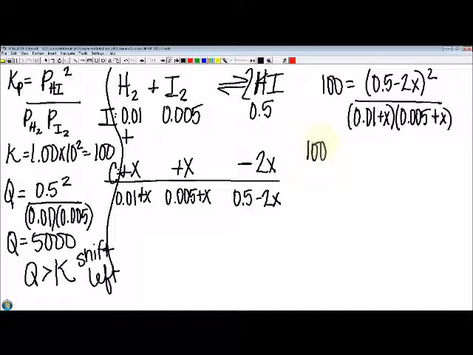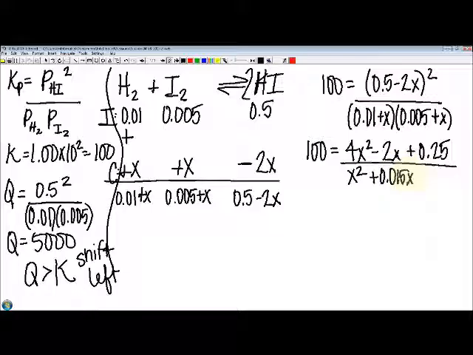100 is equal to, be careful when you're expanding the top, the numerator. It's 4x squared minus 2x plus 0.25. And then the bottom is x squared plus 0.015x plus, and this one I'm going to write in scientific notation because it's a lot of zeros, 5 times 10 to the negative fifth.